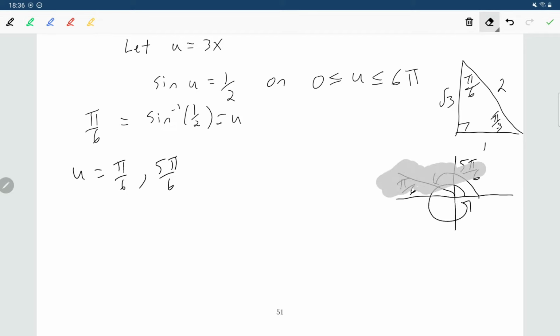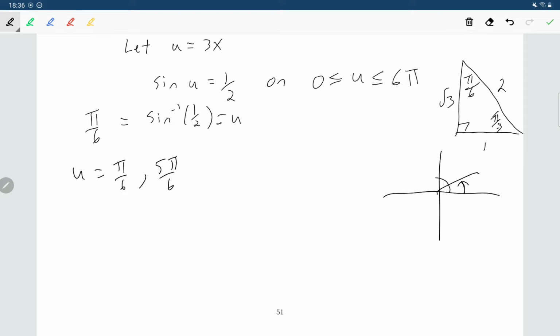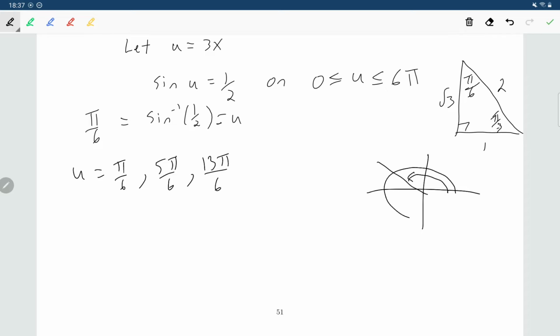Now, of course, we're looking at all the values within 3 full revolutions. So in addition to pi over 6, you could also have 2 pi plus pi over 6, which is the same thing as 13 pi over 6. Just in the same way that you had 5 pi over 6 as one of the angles, you could also have a full revolution plus 5 pi over 6, which is 17 pi over 6.